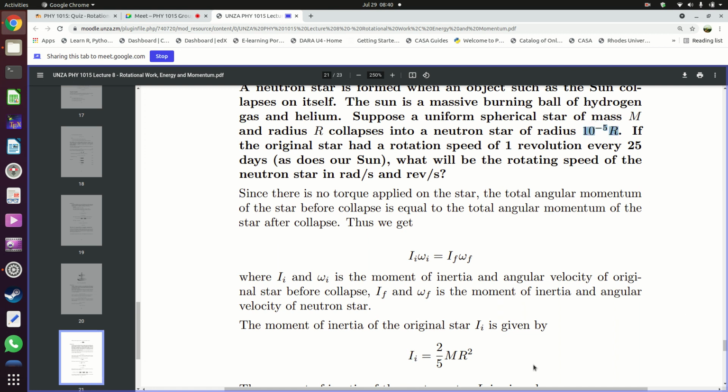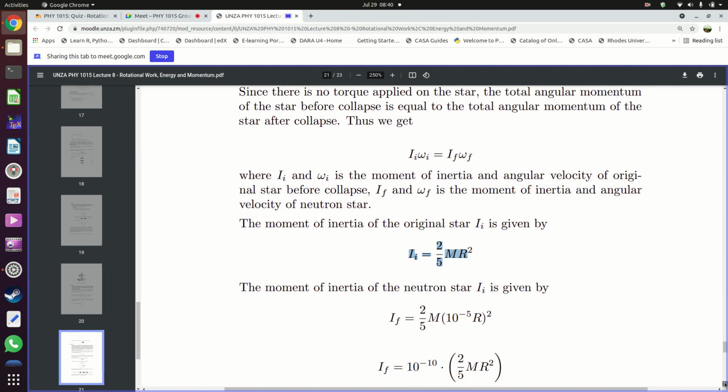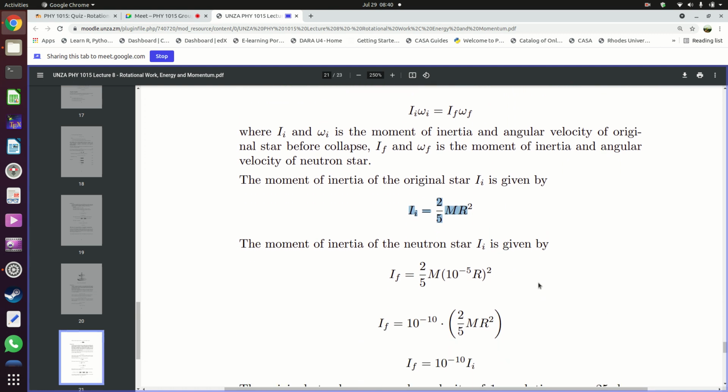So for our star, this is the moment of inertia. The neutron star is also still spherical, but a much smaller sphere. So our final moment of inertia I_f is going to be 2/5 m, then our radius, 10 to the power minus 5 r, the whole thing squared.